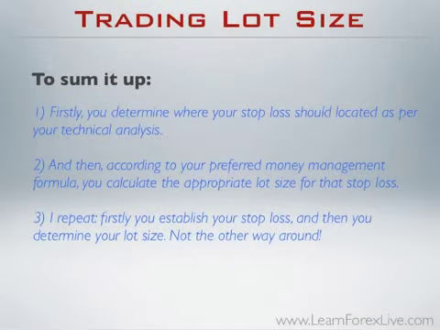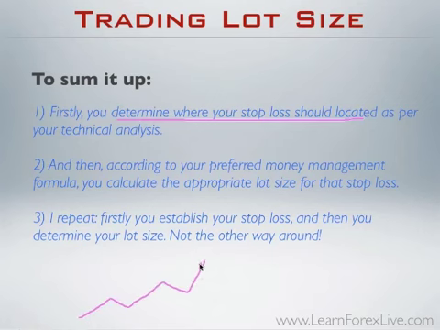Now, I do realize that this whole money management thing may be a little bit confusing. Actually, I agree. So I've tried to sum the whole thing up in just a few lines. Firstly, you are to determine where your stop loss should be located as per your technical analysis. For example, let's imagine you are trading the typical zigzagging trending price action.